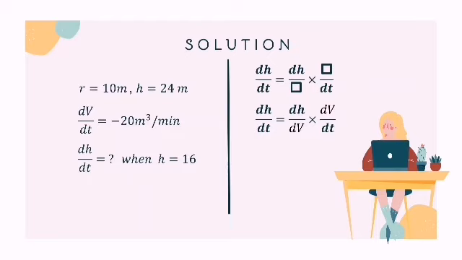Now we already know the information we need to find dh over dt, which is dh over dV and dV over dt. We already know dV over dt is negative 20 meter cube per minute. How about dh over dV? Now we are going to find dh over dV first. Let's go.